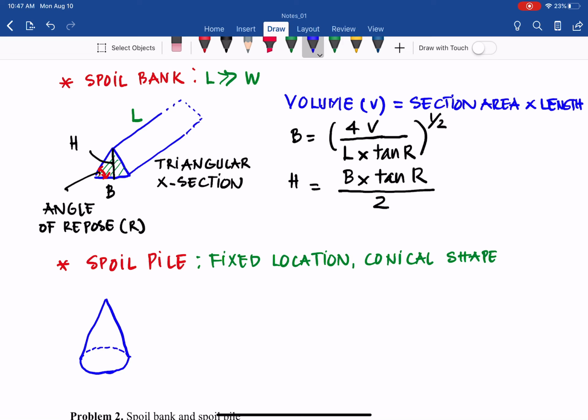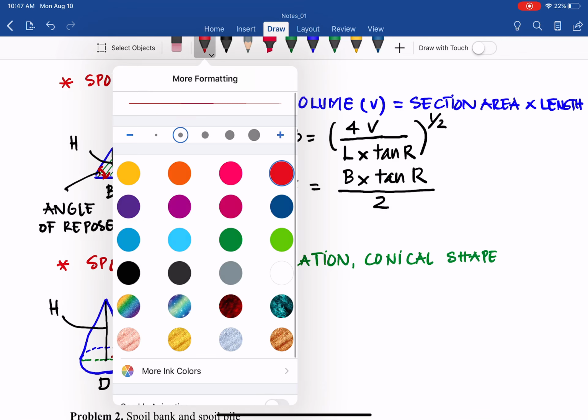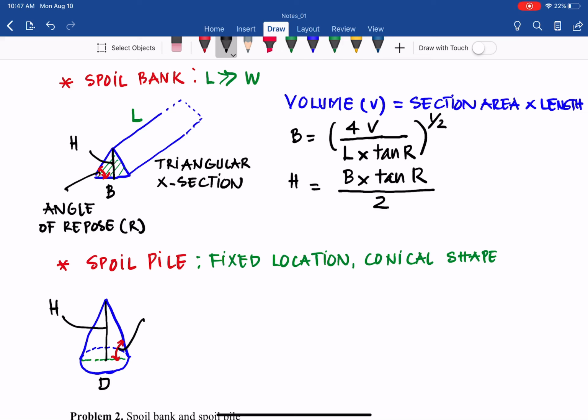We have the diameter D, and we have the height H. And of course, for that we also know this angle here, that is the angle of repose R. So from that we can have the equation to determine the volume and the diameter, so that we know what size is needed to occupy such a volume of material.